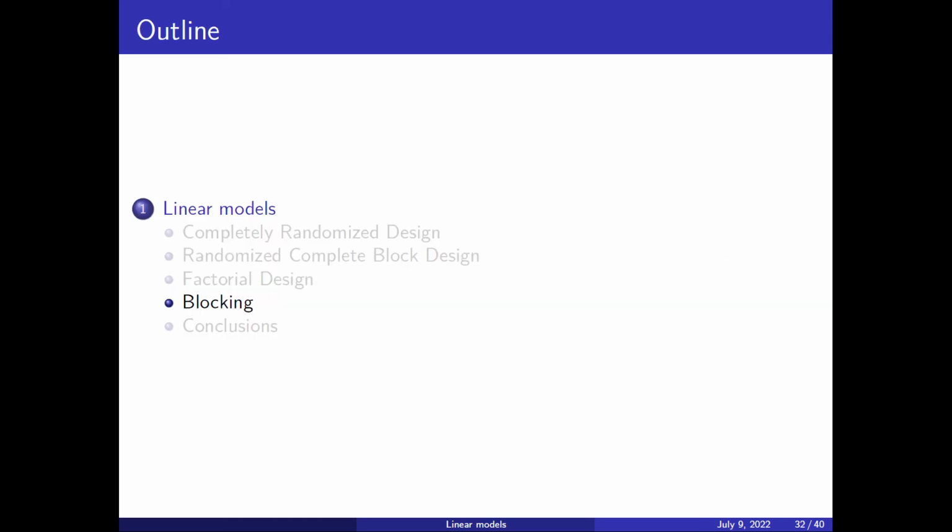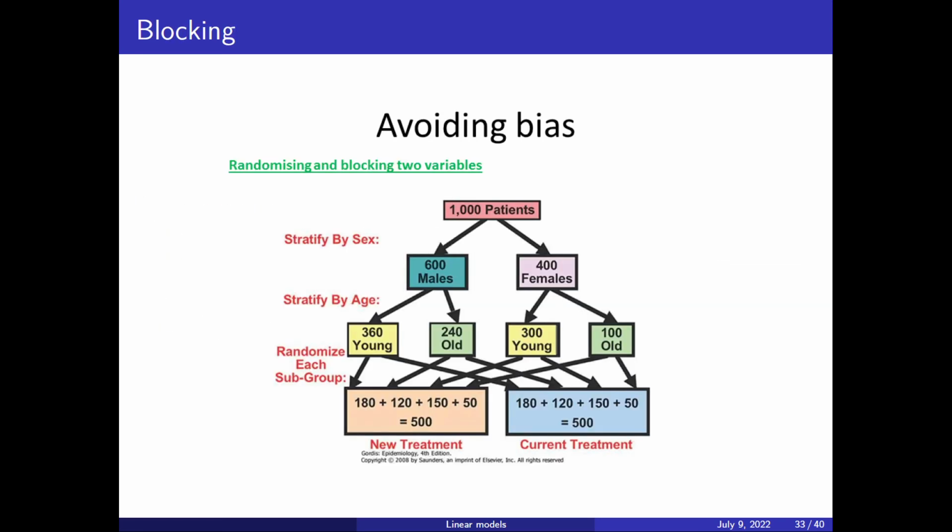Okay, so what about blocking? Let's go a little bit more into blocking. We have already introduced it and presented it in terms of formulas, but let's get a little bit deeper into it.